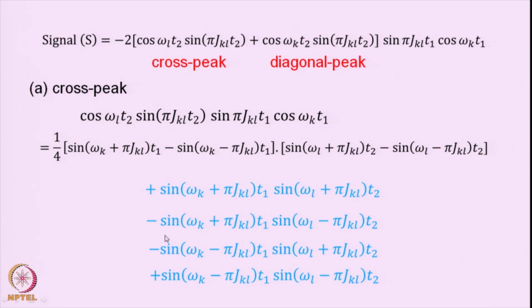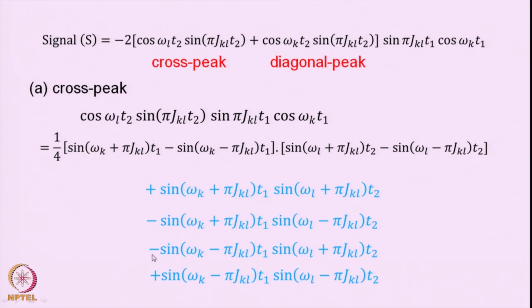This has a plus sign. The second component is sin omega k plus pi j k L T1, the same as this, and sin omega L minus pi j k L T2, and this gives me a frequency at omega k plus pi j k L along F1, omega L minus pi j k L along F2, and this has a minus sign.